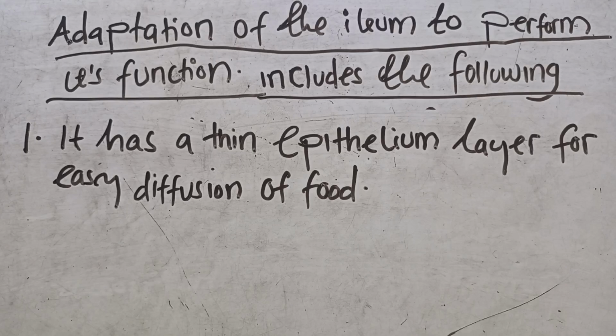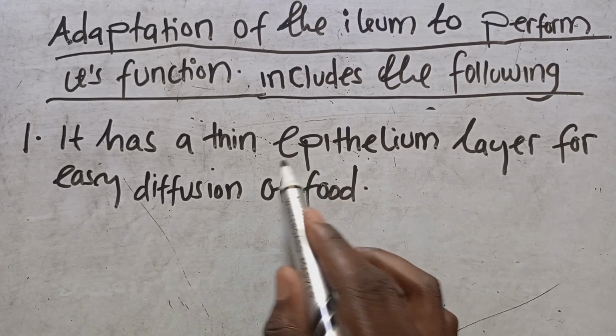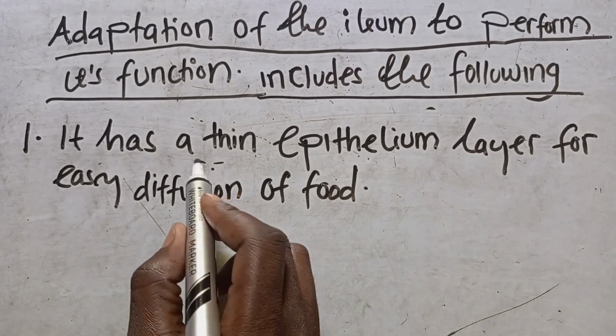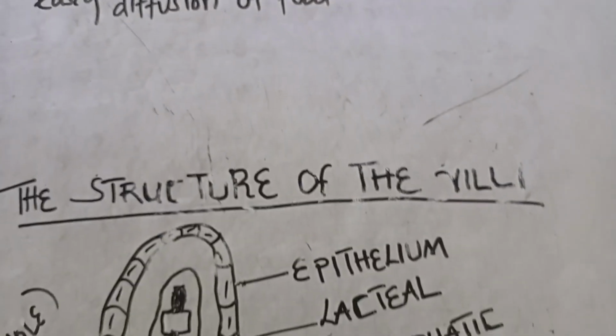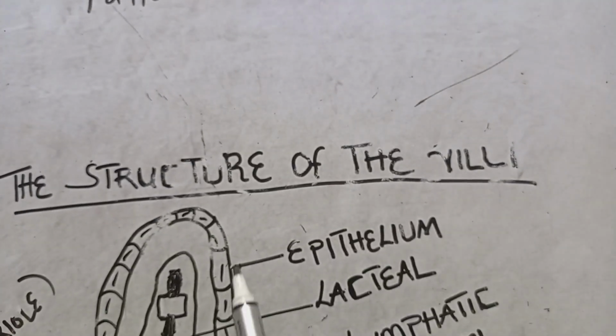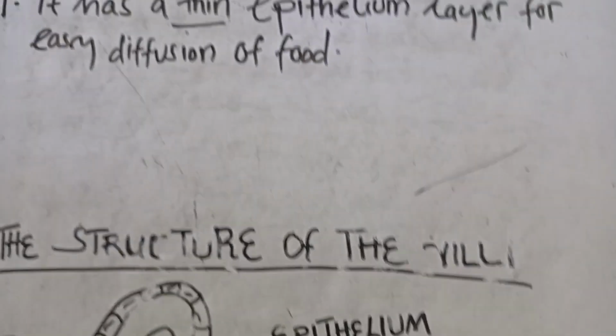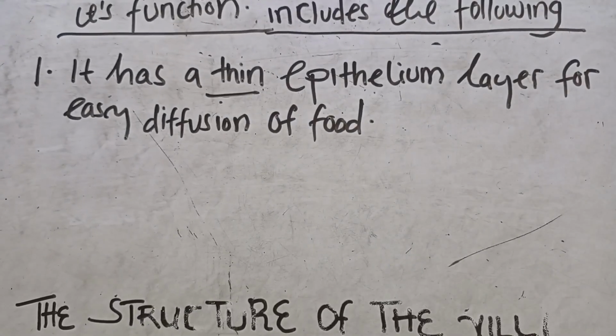So this epithelium is thin. It is very small. As we are able to see on this diagram, they are very thin, and this helps in easy diffusion of food.